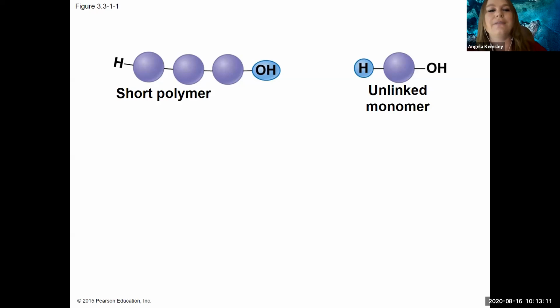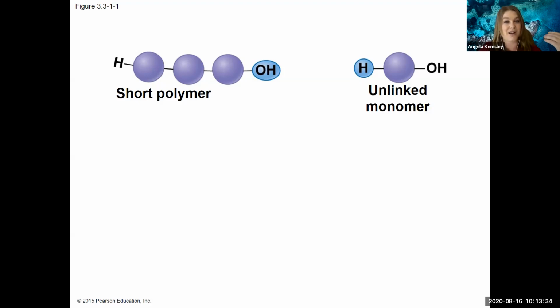So here we have a short polymer and we have an unlinked monomer that we want to join together. Notice that we have an OH at the end of the short polymer and an H at the end of the unlinked monomer. OH and an H together could make H2O, or water.